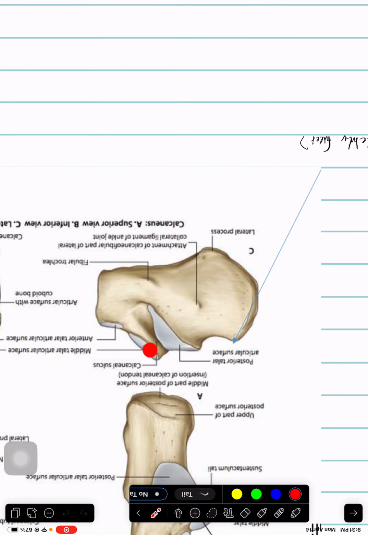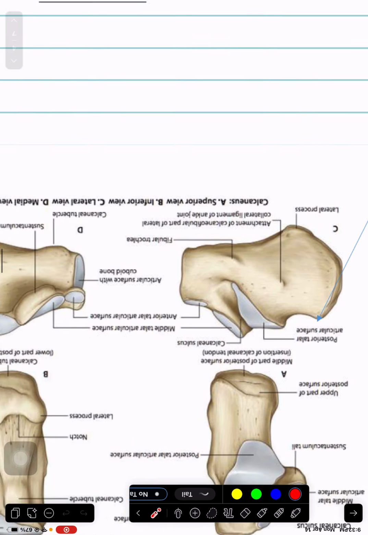Remember, medial talar articular surface. So because you have 4 surfaces, you can see a lot of features from different surfaces from different views, of course. So our 3 talar articulations, you can see those right here where they would articulate. And that's pretty much it for the lateral side of the calcaneus.